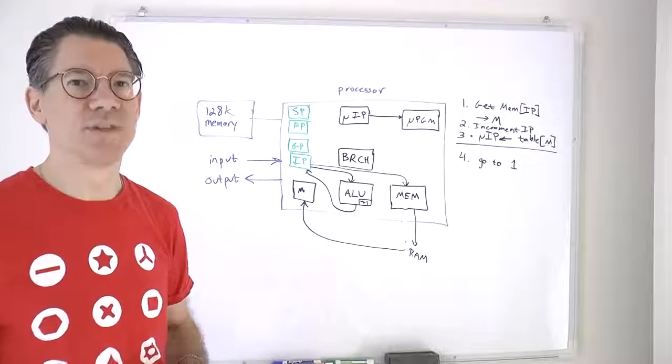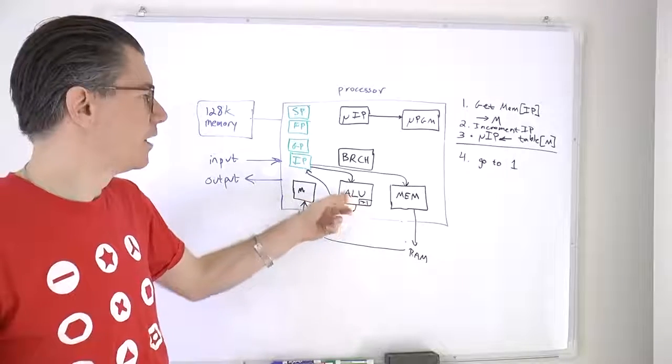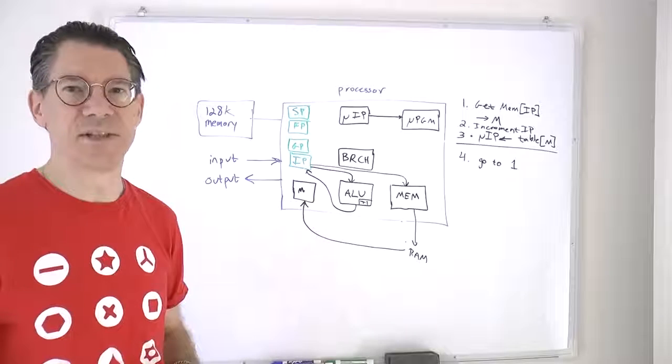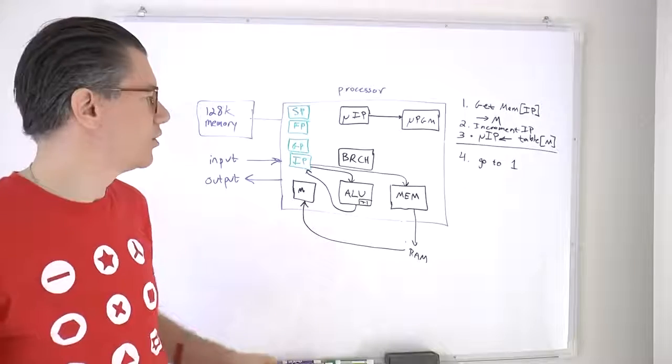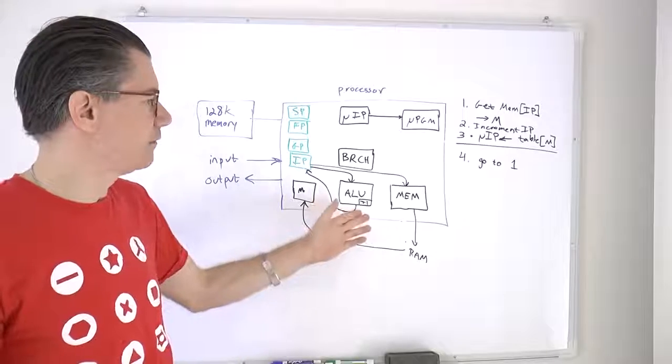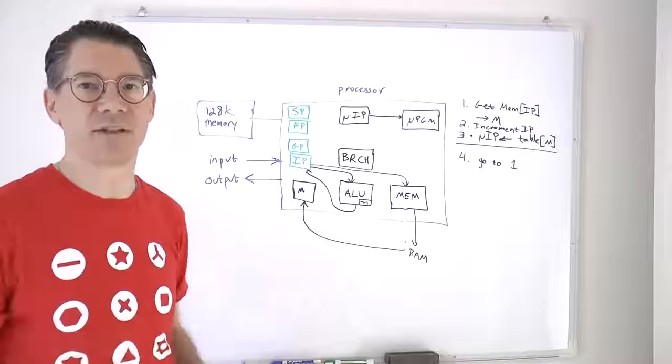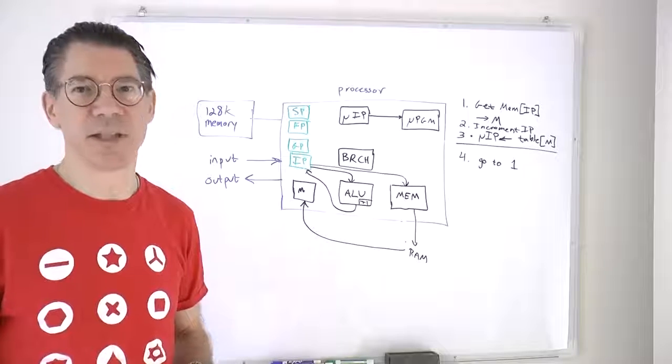Now, this is just one design decision, to have the ALU be responsible for incrementing the instruction pointer. You might want to simply have part of the memory hardware have its own ALU. That's extremely limited.